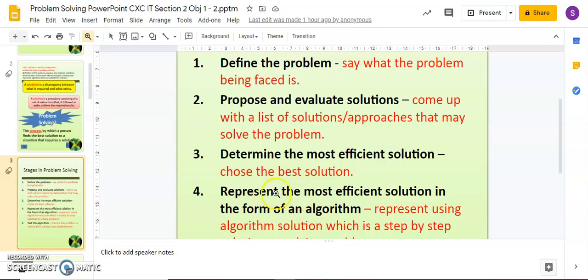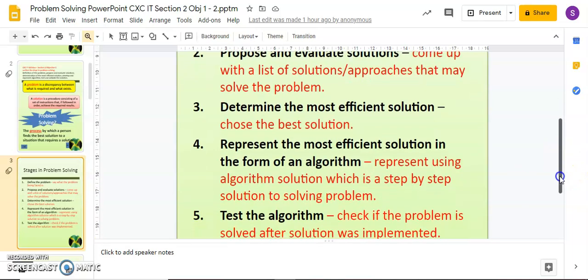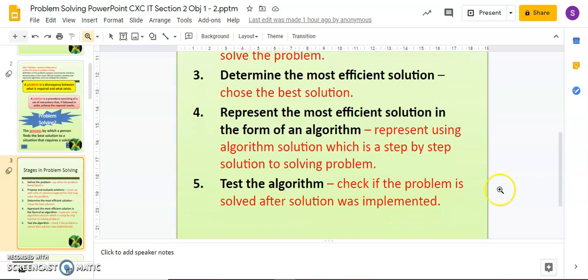Fourth, represent the most efficient solution in the form of an algorithm. An algorithm is a step-by-step process in solving a problem. And finally, test the algorithm. Check if the problem is solved after the solution was implemented.